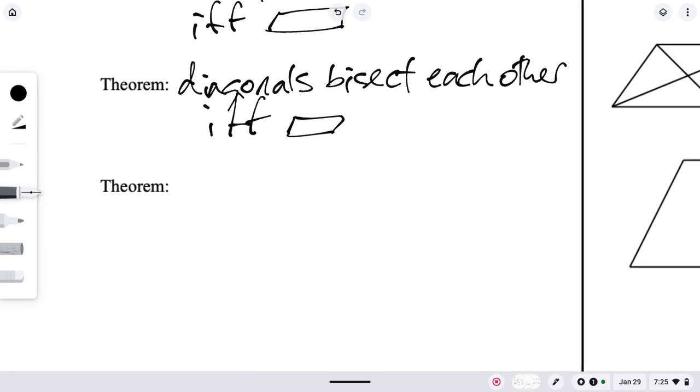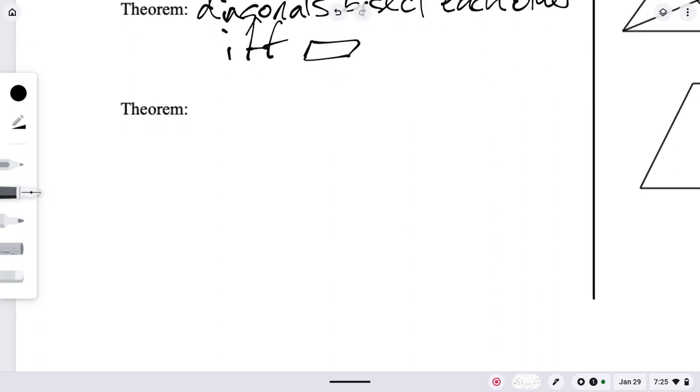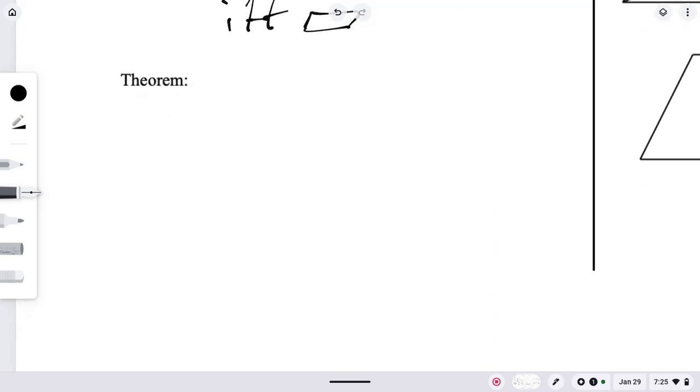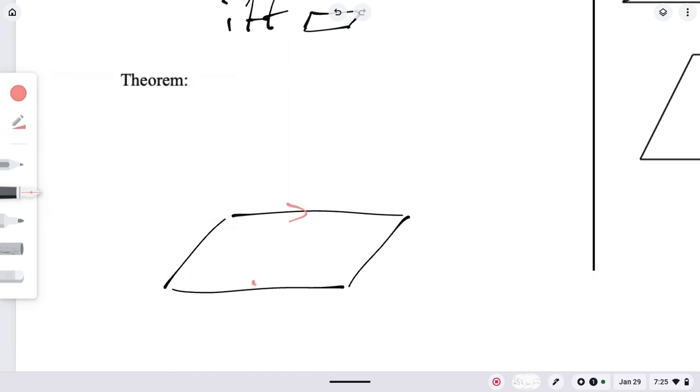So the only new thing in this section is a little bit different. This last theorem is basically talking about my parallelograms. So if I have a quadrilateral here and two things are true. First, I know that these opposite sides are parallel.